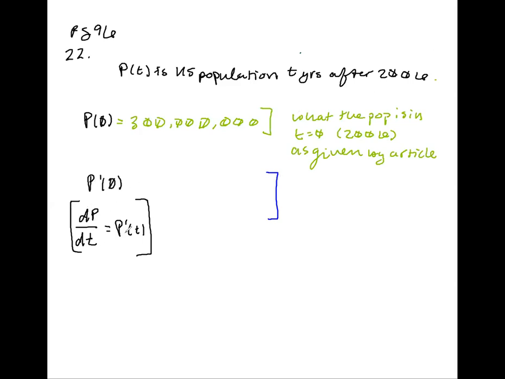So we know that we're looking at the change in the population, again with respect to time, at t equal to 0, or in 2006.